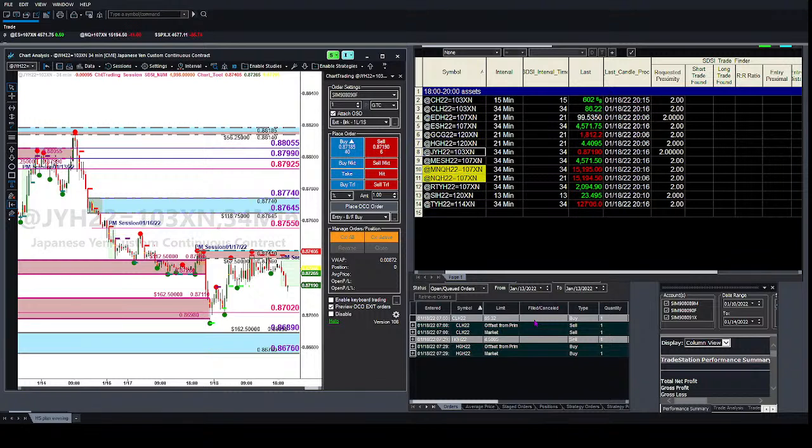So we want to make sure that we're only trading during those times, so that when I run a summary report, it doesn't have other stuff in there. Yeah, that makes sense.